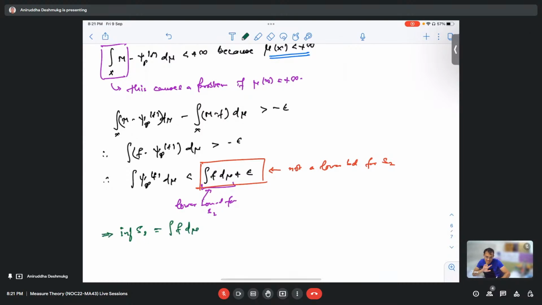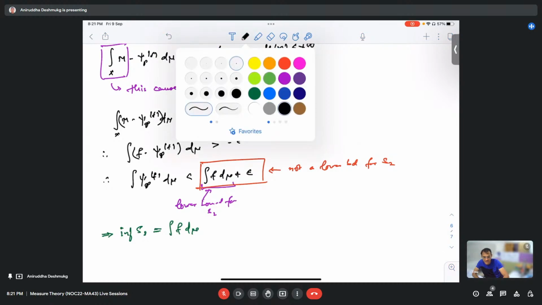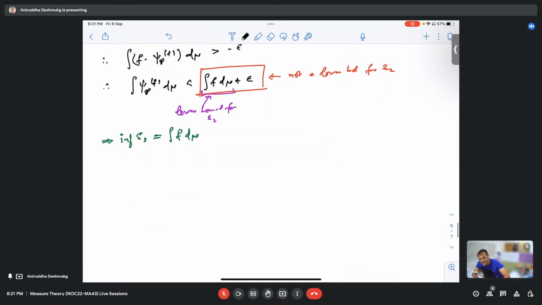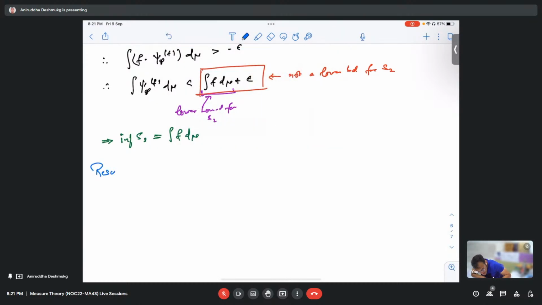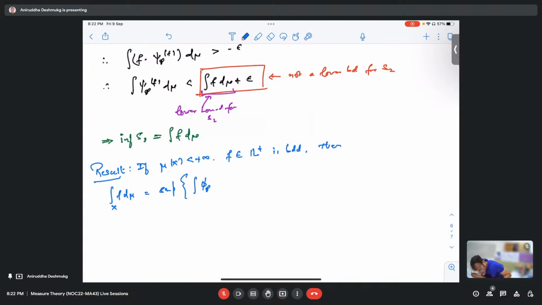Yes, because that is the definition of infimum, right? So we have essentially proved this result. If the measure of the whole space is finite and f is a bounded measurable non-negative function, then integral of f d mu is equal to supremum of integral of P_P, where P is a measurable partition.